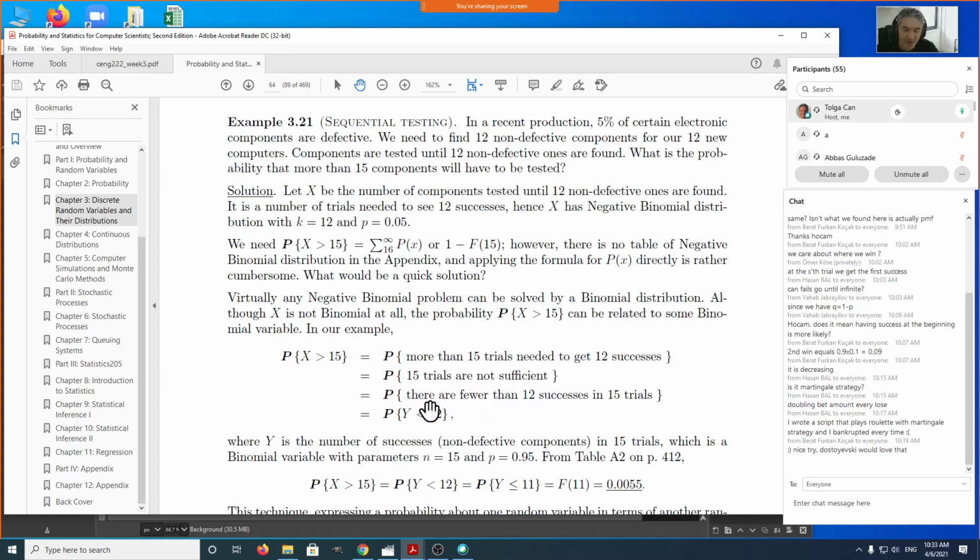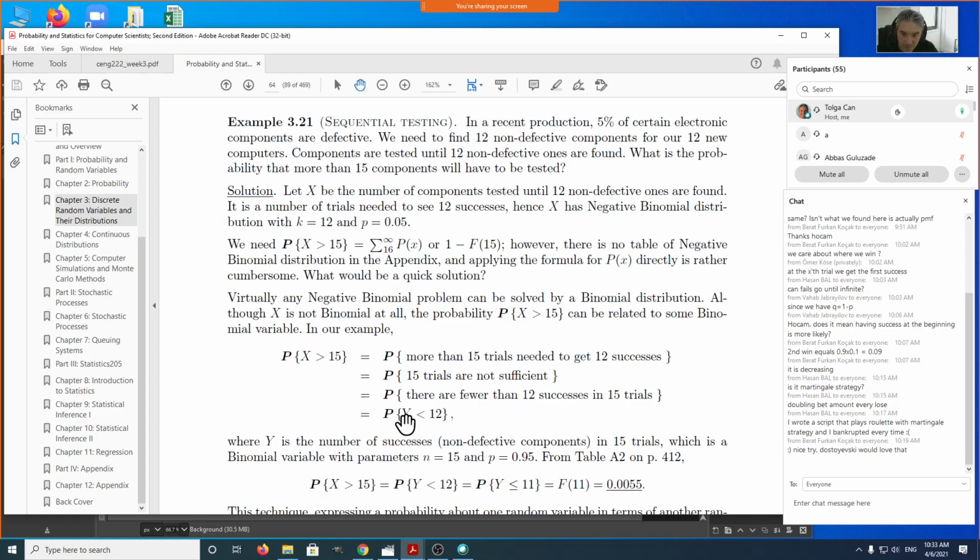It means that there are fewer than 12 successes in 15 trials. At this point, look at the sentence here. When you fix the trials, what is the probability to obtain less than 12 successes in 15 trials?